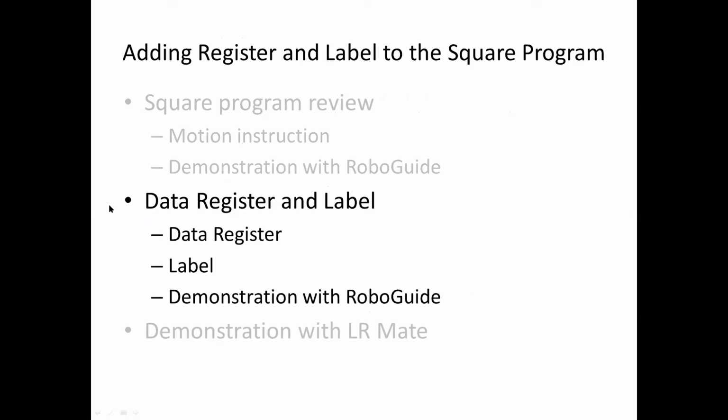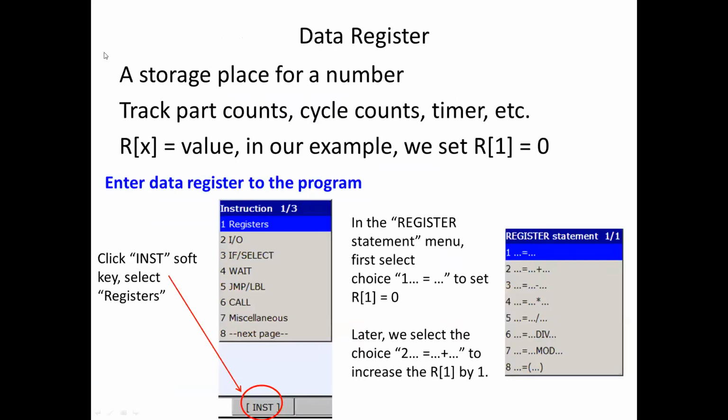In the second part of this video, I will introduce data register and label in the program. Using data register and label, we can draw the square multiple times. A data register is a storage place for a number.